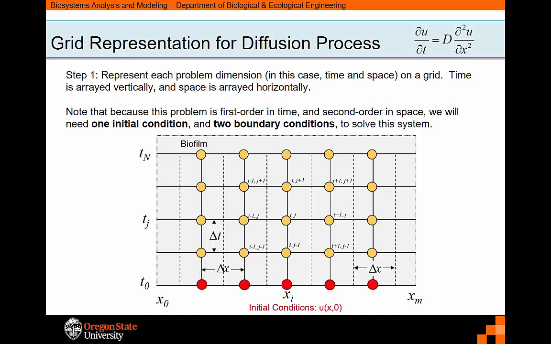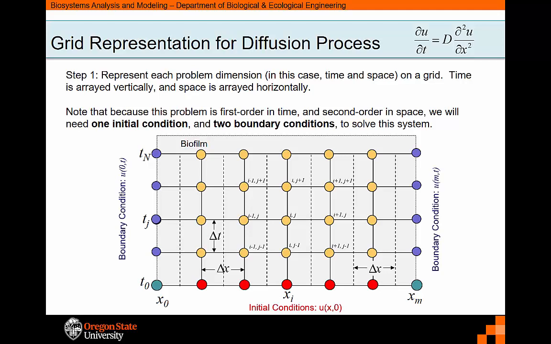Next, we will apply initial conditions. These will correspond to the nodes along the bottom of the grid, since the first row in the grid corresponds to time equals 0. Note that we need an initial condition for all points in space. Finally, we will apply our boundary conditions.